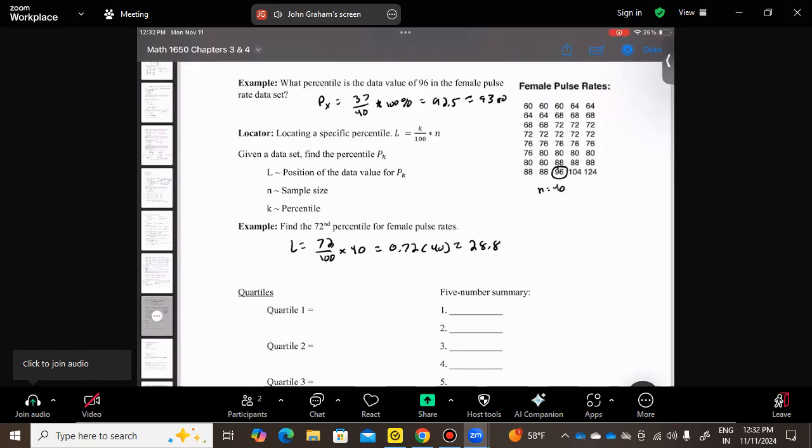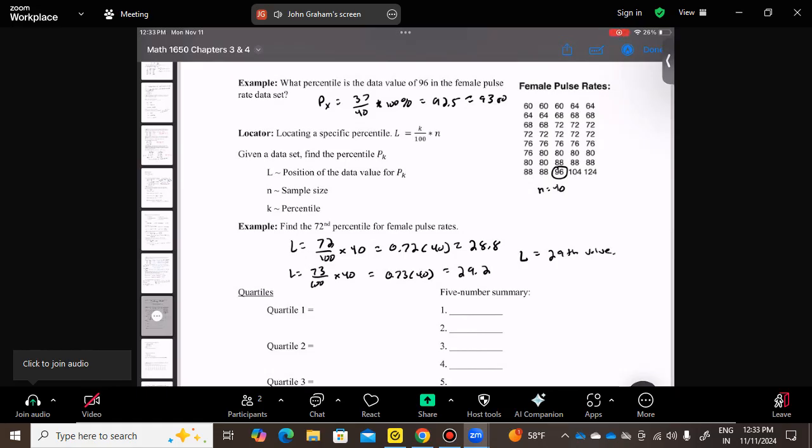Then we also have to go one above this, and we have to look at the locator for 73. So 0.73 times 40, and you're at 29.2. And then what we do is we're looking at the locator in the middle, which is the 29th value.